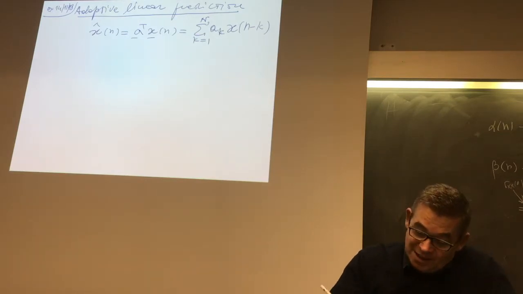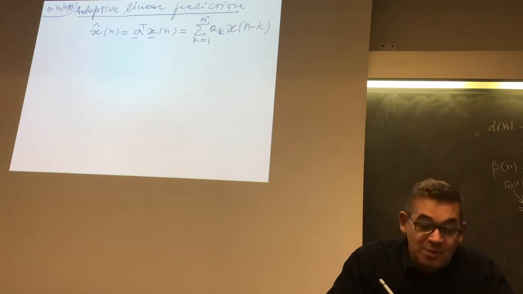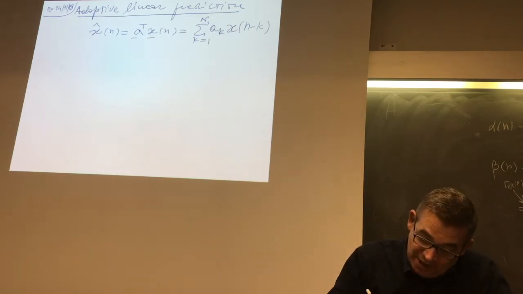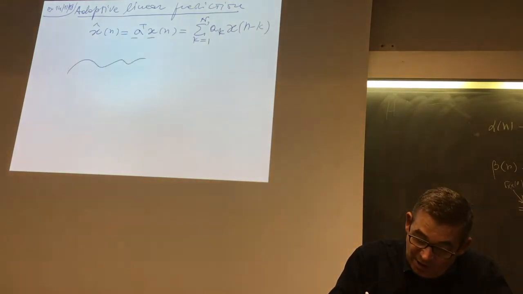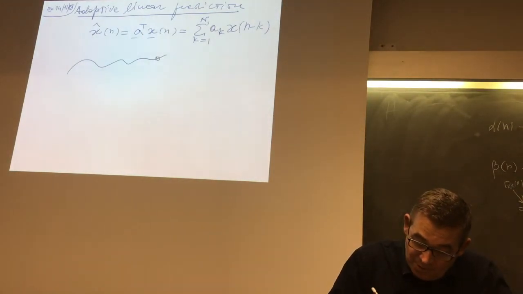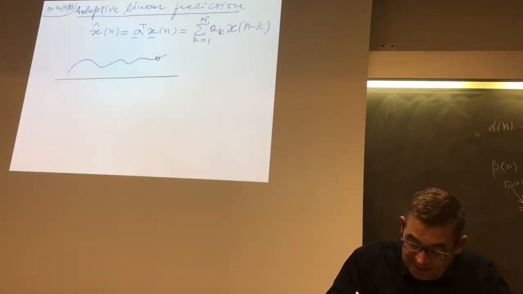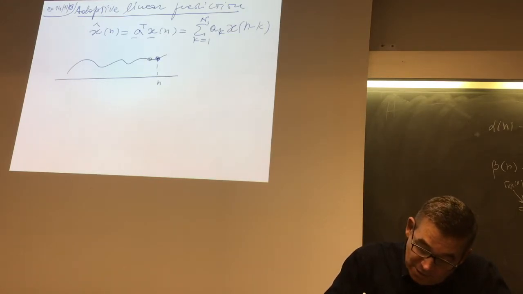Now, let's see how I read this equation. I read it in the following way. I have my sample, and this is xn. So this is the n-th sample, and I'm using all the samples in the past.